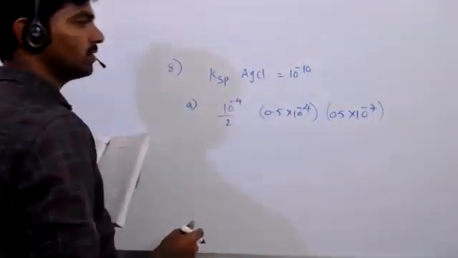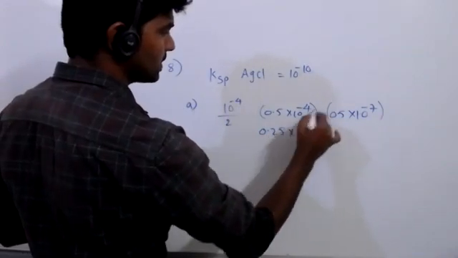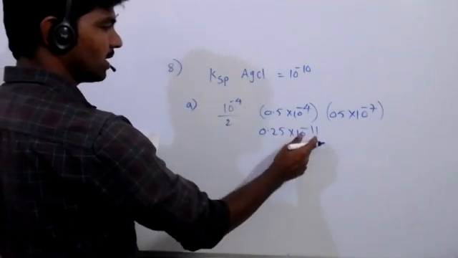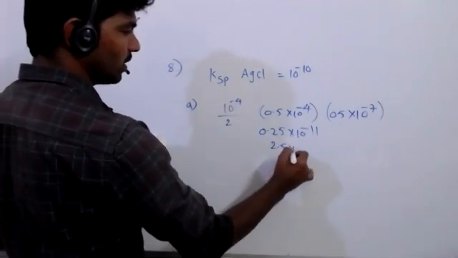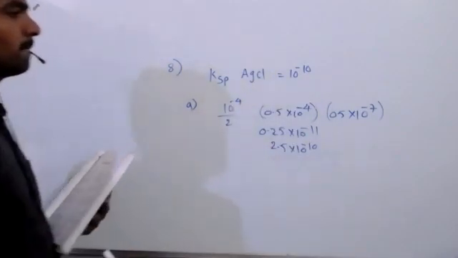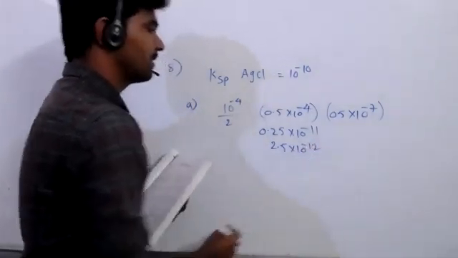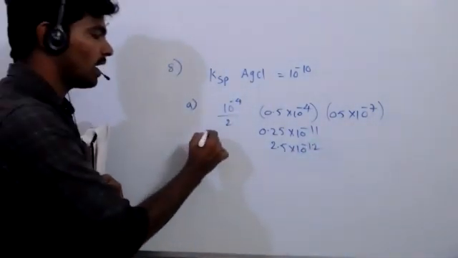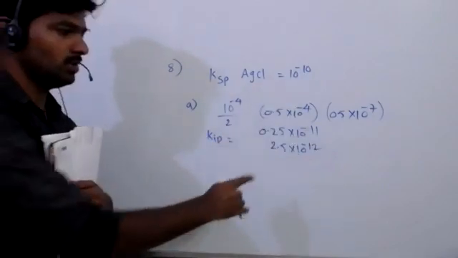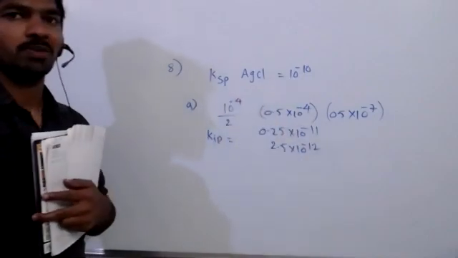Multiplying, 0.25 into 10 power minus 11, so 2.5 into 10 power minus 12. So this is the ionic product. Compare this value and the Ksp value. This is a lower value, so no precipitation takes place.